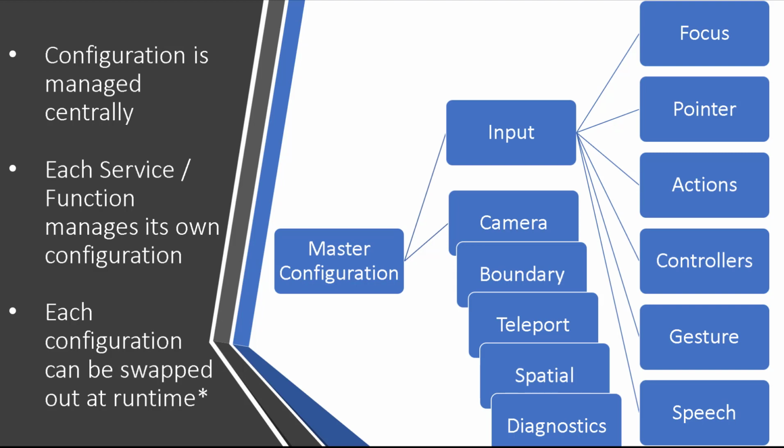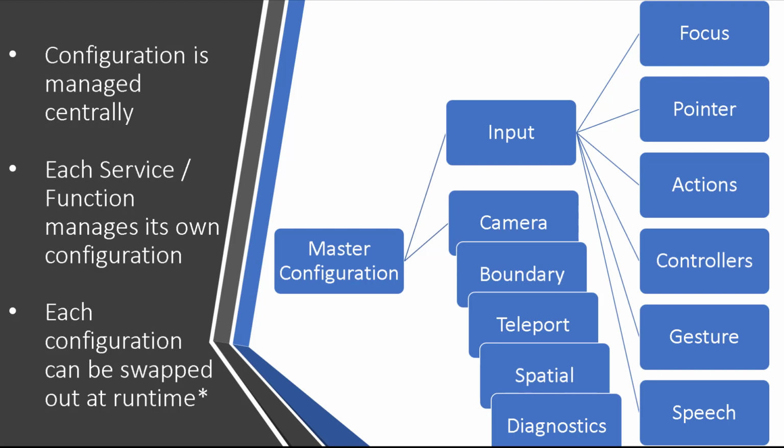Each service has its own configuration, so a service such as our boundary service for managing boundary systems has its own configuration, and so on and so forth. You'll see this pattern repeated throughout the framework. And in most cases, you can swap the configuration out at runtime.